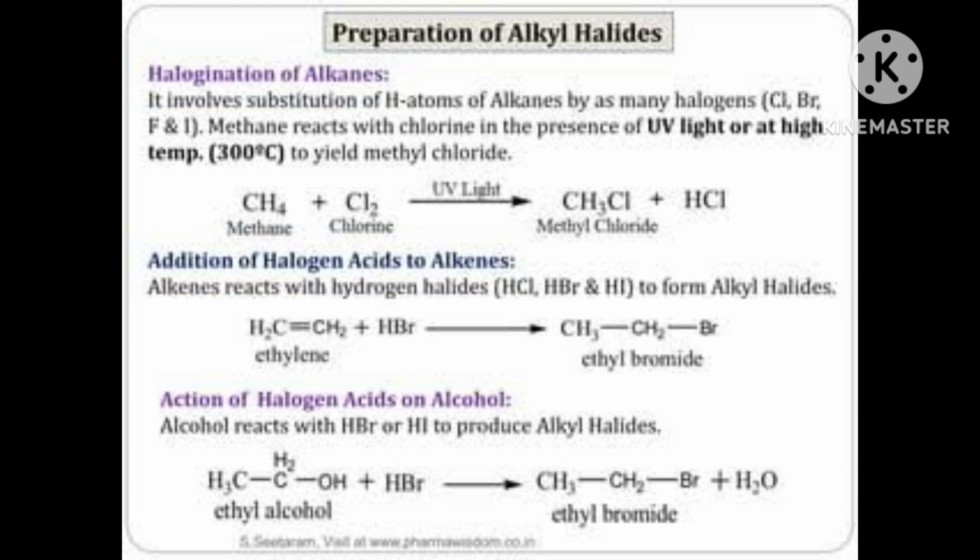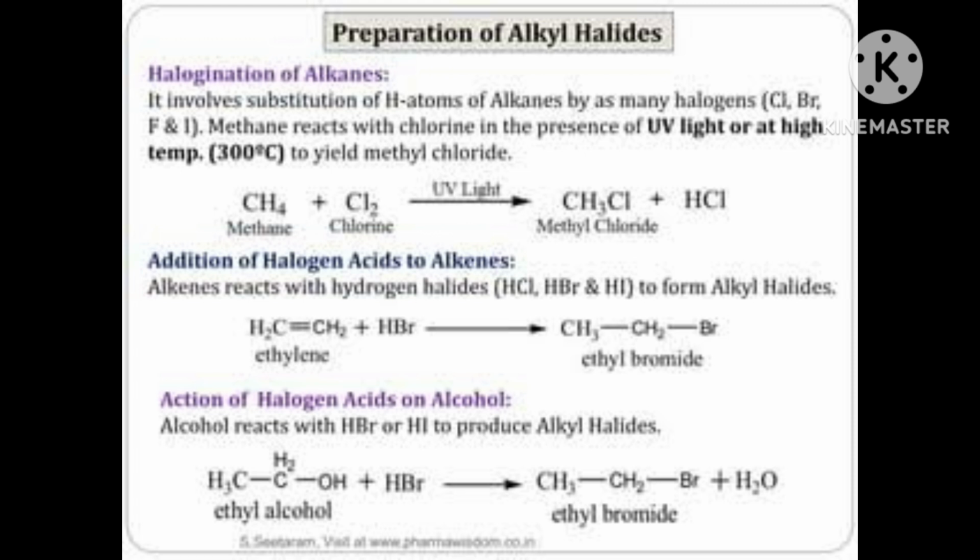Halogen exchange. What will happen here? The name is clear: halogen will be exchanged. Alkyl iodides are often prepared by the reaction of alkyl chloride or alkyl bromide with NaI.